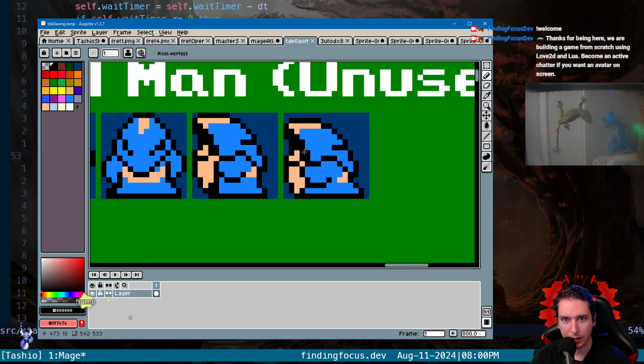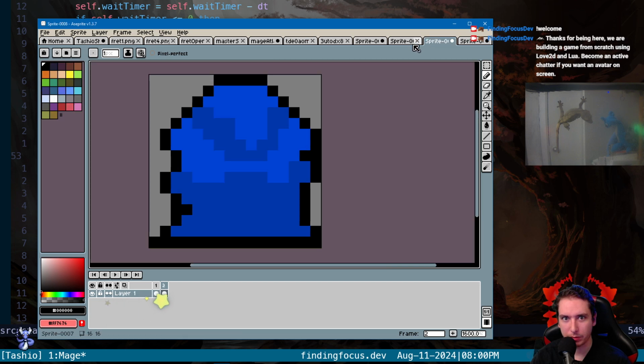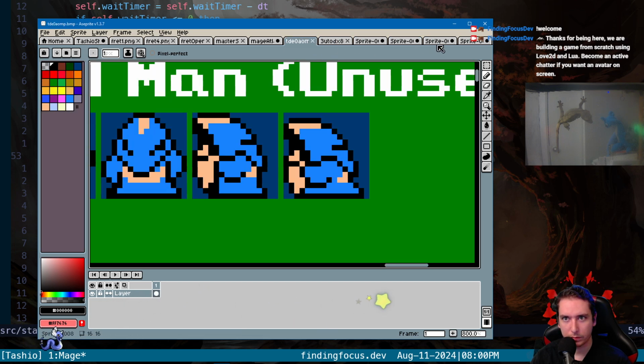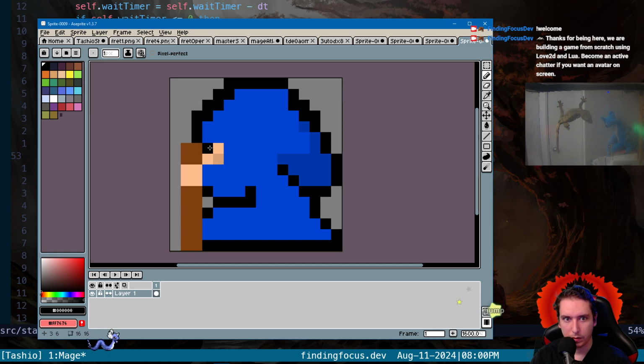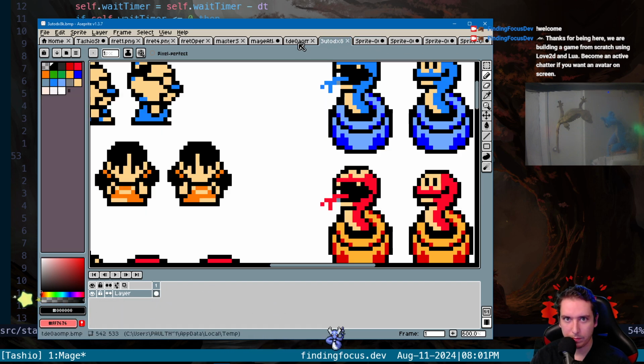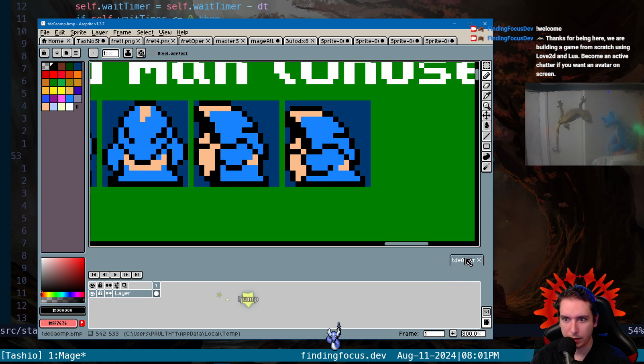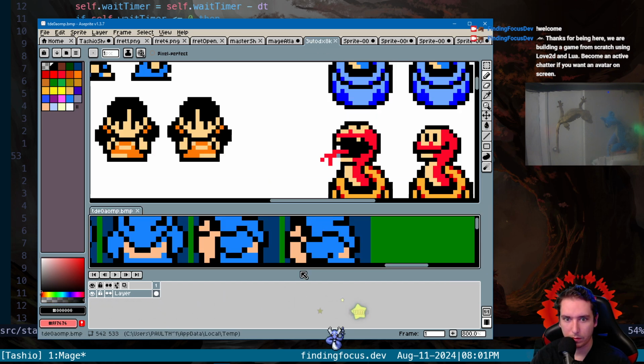But I do like the shadow they've got going on here with the highlight on top. I think that looks really good. Gosh, but then the nose doesn't look like it belongs. You know what? I'm going to leave this open as reference here. Can we pull this out? There we go.